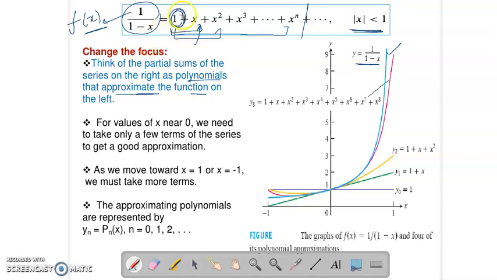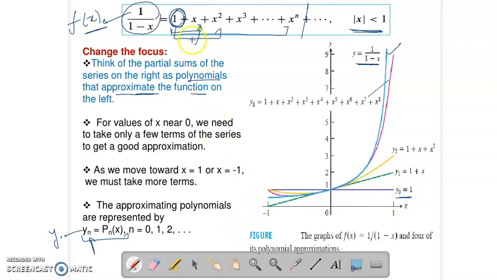The polynomial will be y0. So let's just go through here. You see that the approximating polynomial is yn equals pn of x. So when n is equal to 0, we have y0 as the approximating polynomial, right? So we see here this is y0.